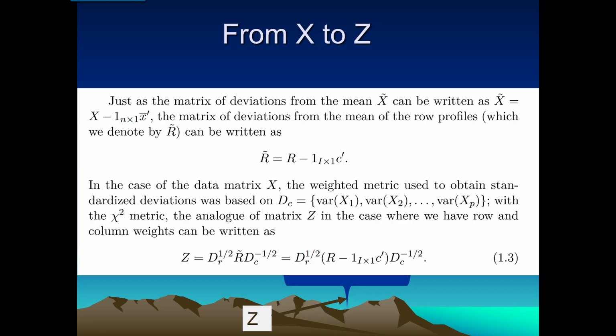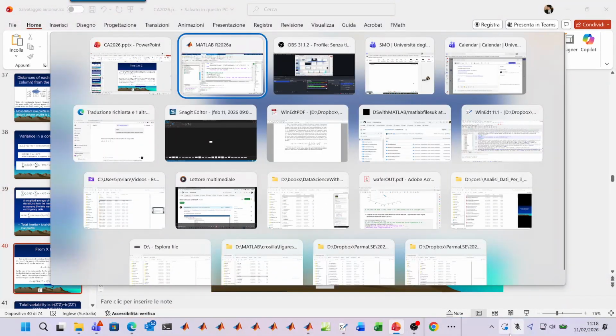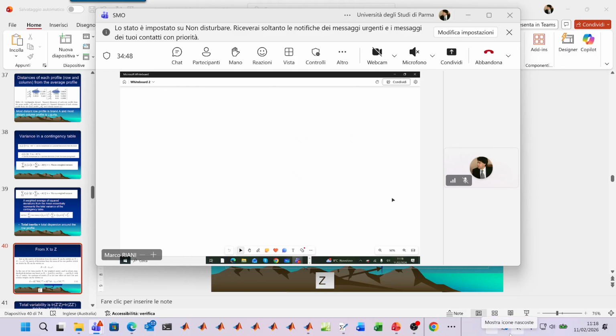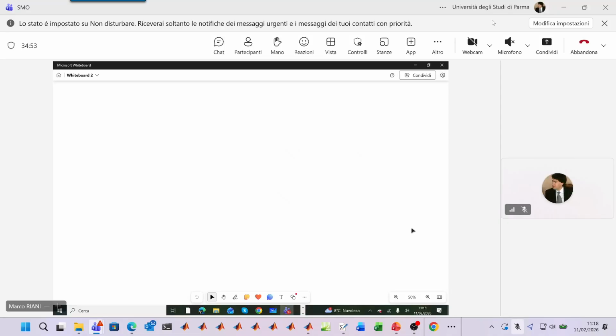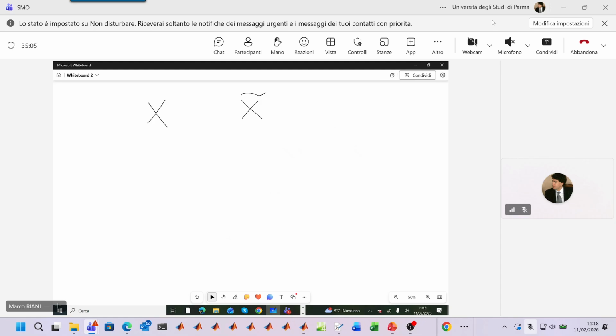Now, as in multivariate analysis, we start from matrix X, and then you want to obtain X tilde, the matrix of deviations from the means.